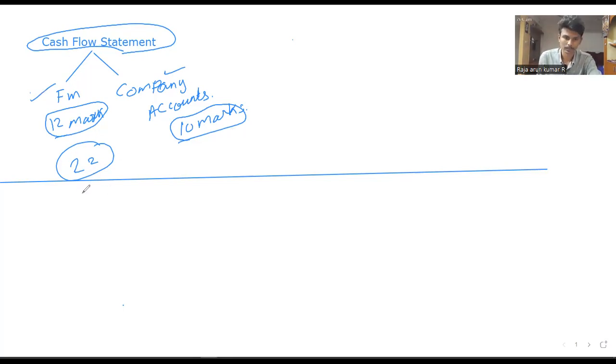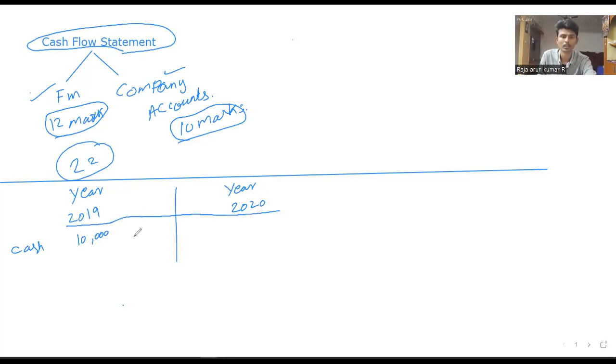I start with an example, and you must understand it in detail. First one. In years 2019 and 2020: in 2019, your cash balance was 10,000 rupees, and in 2020, your cash balance was 28,000.